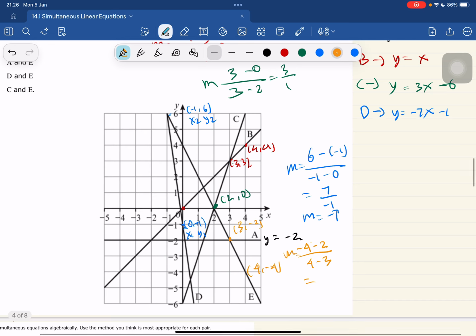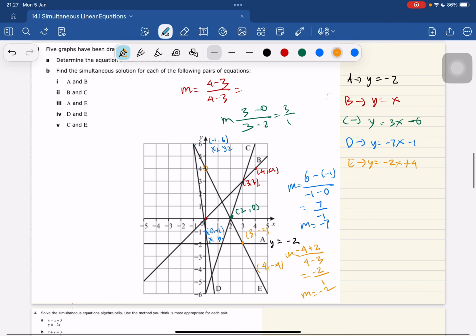Minus minus, so plus. So minus 2 divided by 1, so the gradient is minus 2. So for E, y equal to minus 2x, and the y-intercept is 4. There it is. We got the lines.